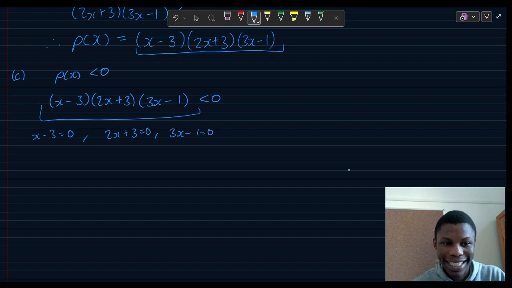So if the first bracket is 0, then we get x is 3. If the second bracket is 0, we get 2x is equal to negative 3, so x is equal to negative 3 over 2. And in the third case, x is a third.